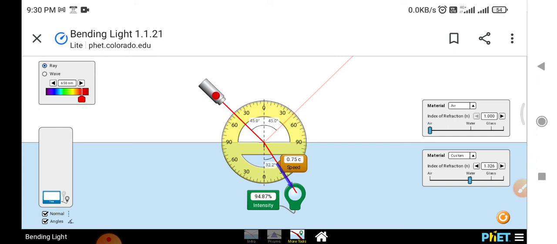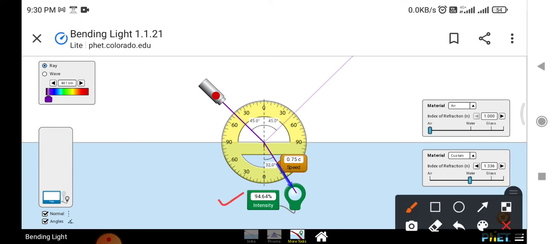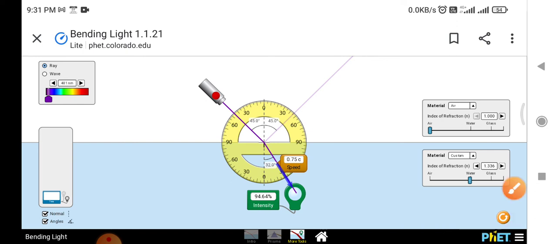We can change the color of the light. The speed also will be changed. The intensity of the light will be changed. See the intensity of violet light, 94.64. If I change the colors, the intensity value also changes.